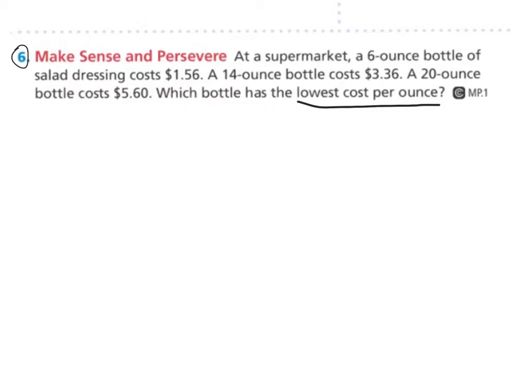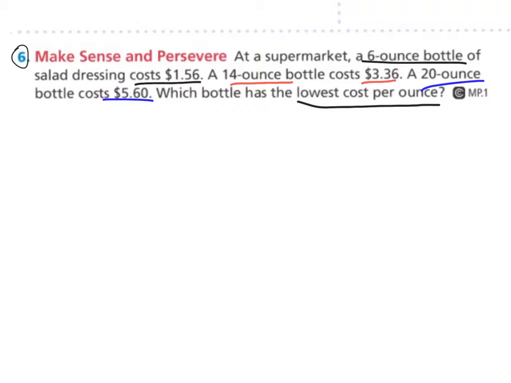Number 6, at the supermarket, a 6-ounce bottle of salad dressing costs $1.56. A 14-ounce bottle costs $3.36. And a 20-ounce bottle costs $5.60.